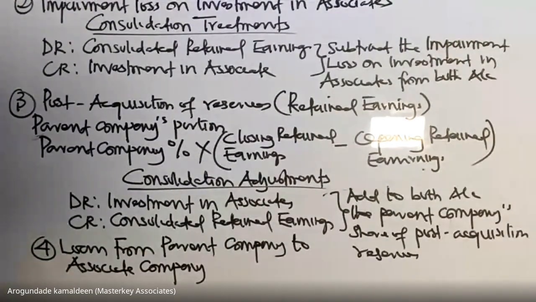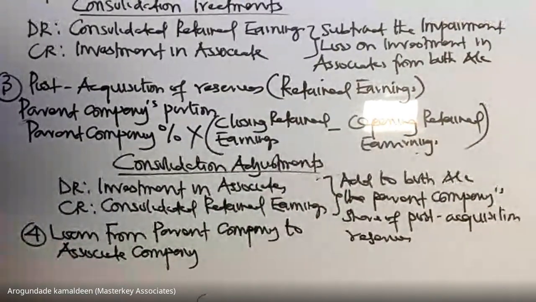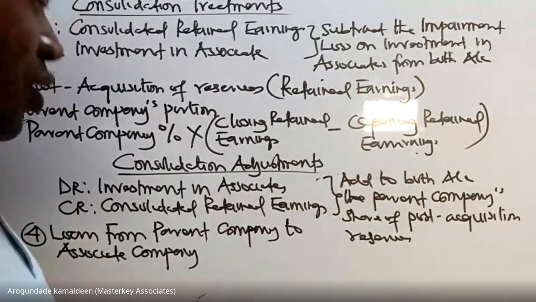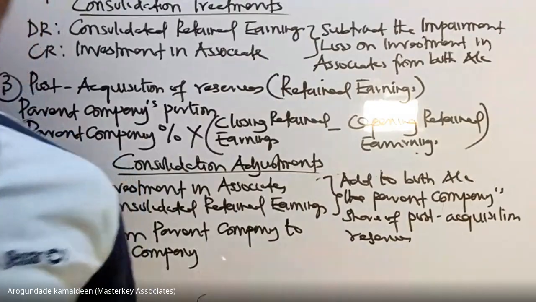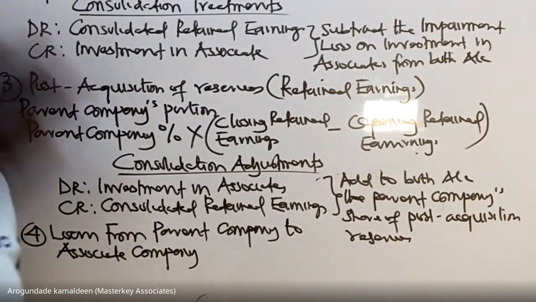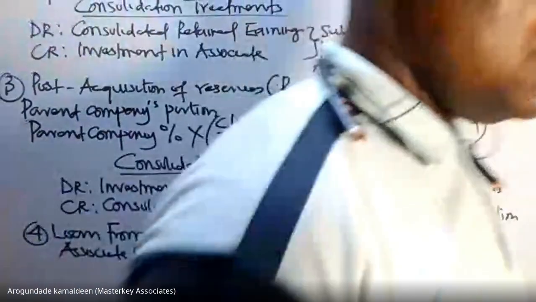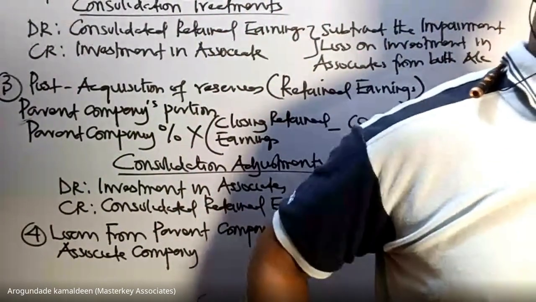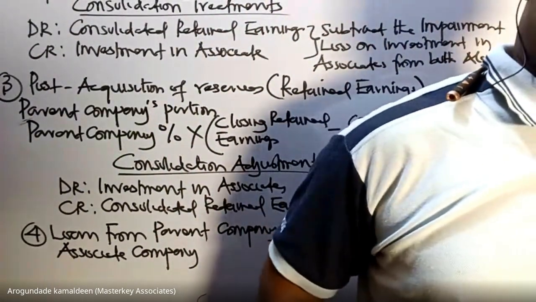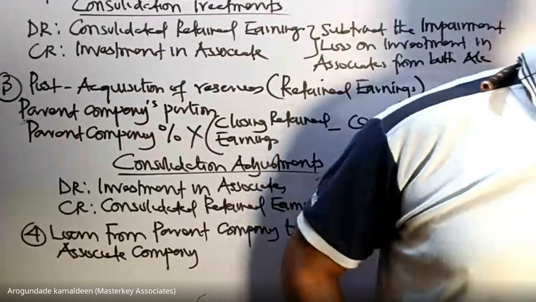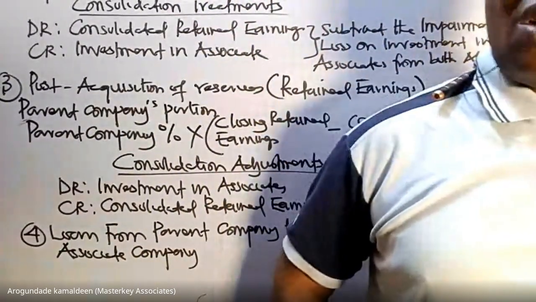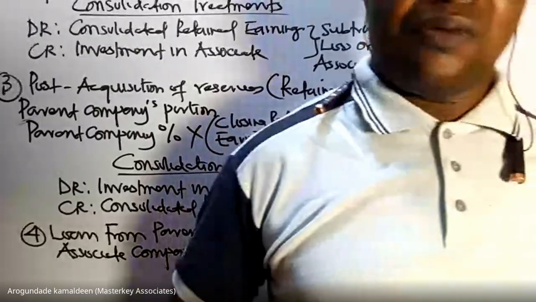Class, it is possible that a parent company might advance a loan to the associate. Now, how are you going to treat this loan? Bear in mind that the associate is not a group member, it's not a subsidiary. Therefore, the loan from the parent company to the associate is not an intra-group balance.